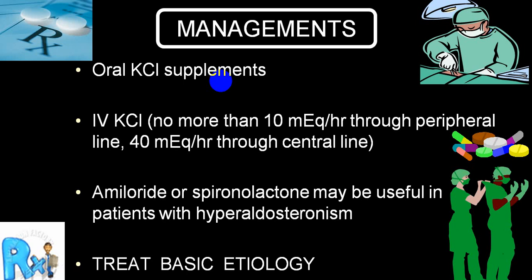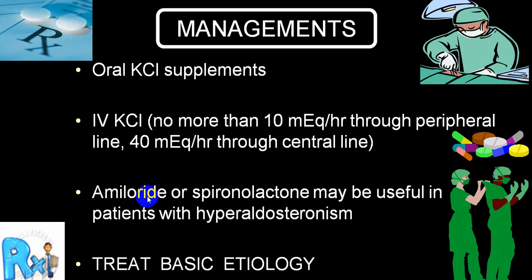But when you are giving IV by peripheral lines, you should not give more than 10 milliequivalent per hour and not more than 20. And you can give as much as 40 milliequivalent per hour via central lines. So whenever you want to give a large dose, it has to be given by central line only.